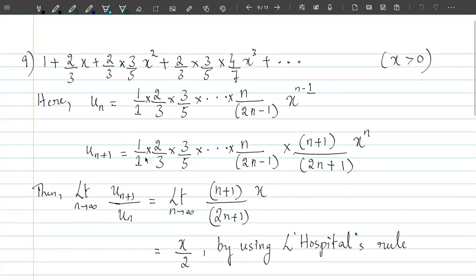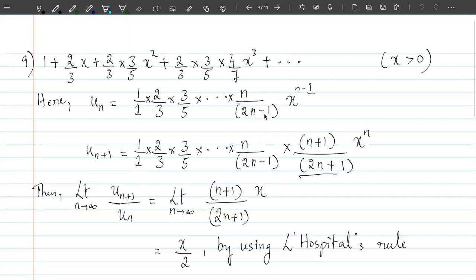What will be un plus 1? For writing un plus 1, the value of un is used. So all these terms are copied as it is here. And this term is multiplied with, for un plus 1, n plus 1 divided by 2n plus 1, that is here.